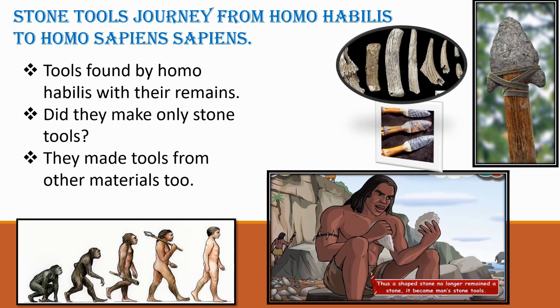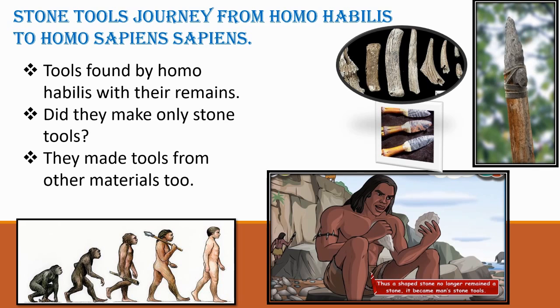From this, we learn that Homo habilis made stone tools first because they were skilled. We know this because stone tools were found with the remains, also known as fossils.